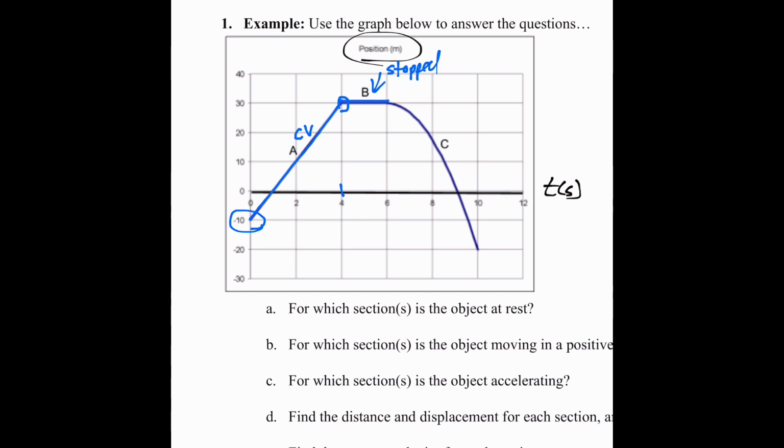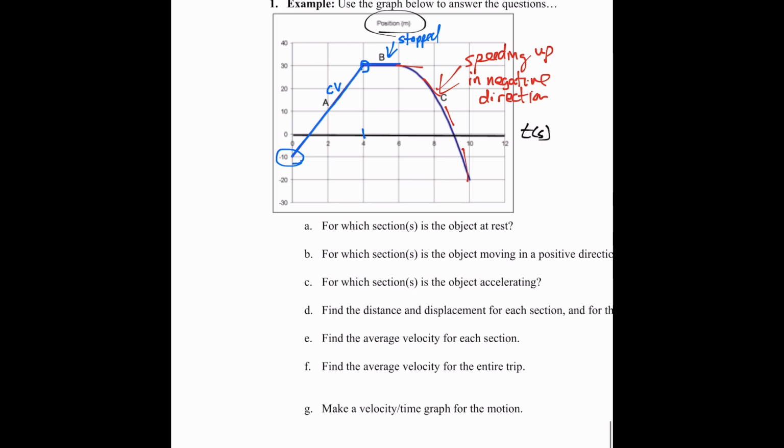Now finally, you're going from flat slope to steep slope. This means you are speeding up in a negative direction. So that's the first thing that you want to do, is you want to get a handle on what is actually going on in the motion, and then all of your math will then support that, okay?